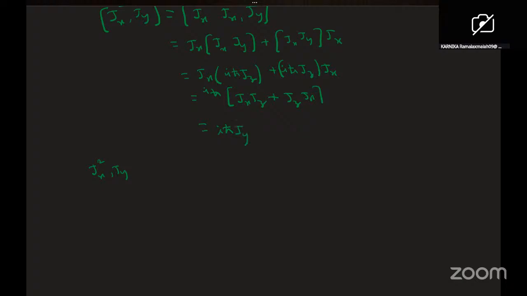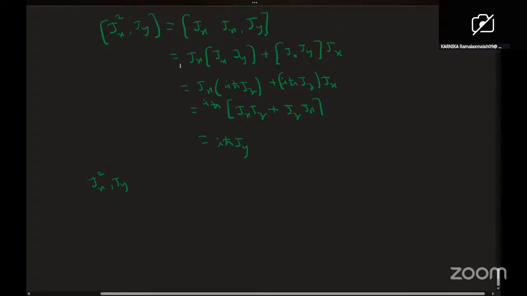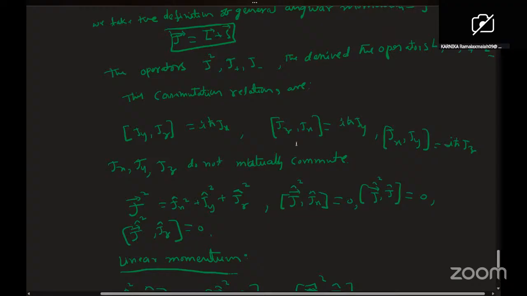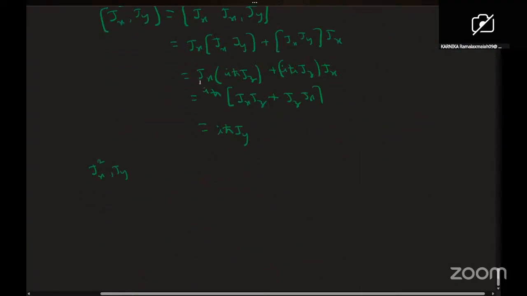Jy. Understood? So this equation is simplified here. You will take this equation, J square x and Jy value. These three equations are also simplified with this concept: here Jy and Jz, here Jx, Jz and Jx, here Jx and Jy.